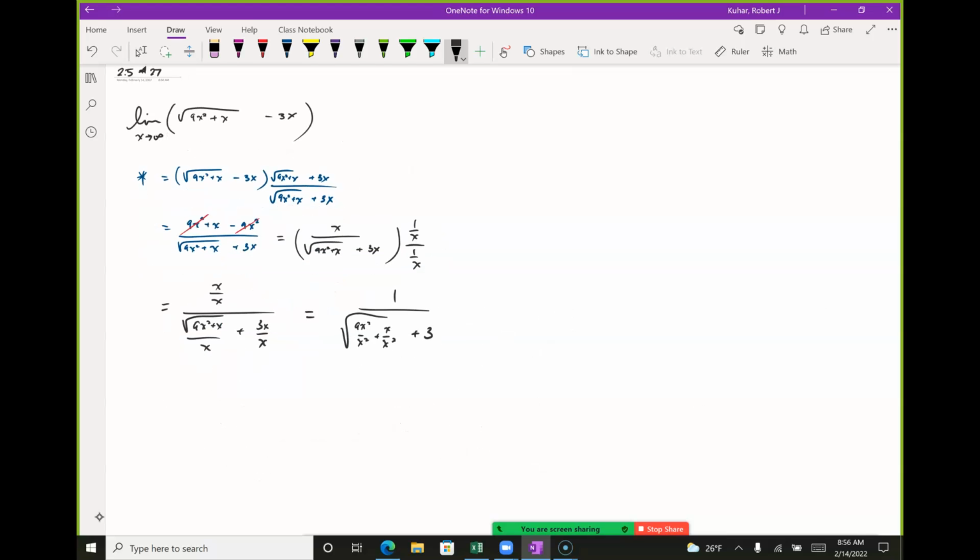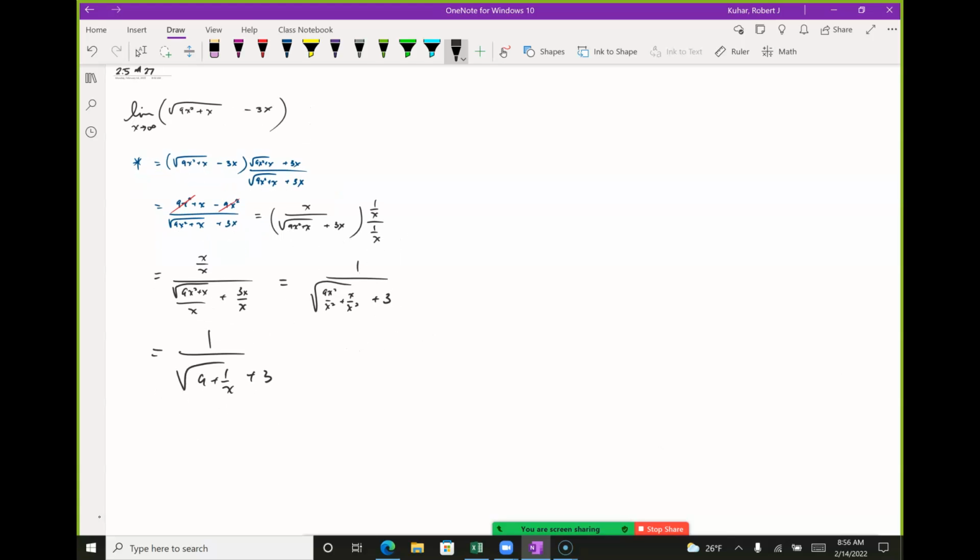And so I can simplify some more here. I get 1 over square root of 9 plus 1 over x plus 3. And now I'm ready to take my limit, because I have that one theorem, right?